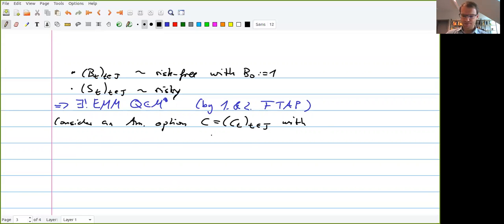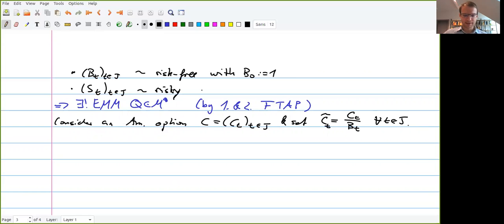With, as usual, the discounted counterpart of it being Z divided by our risk-free asset. So the risk-free one is always assumed to be strictly positive. Okay.